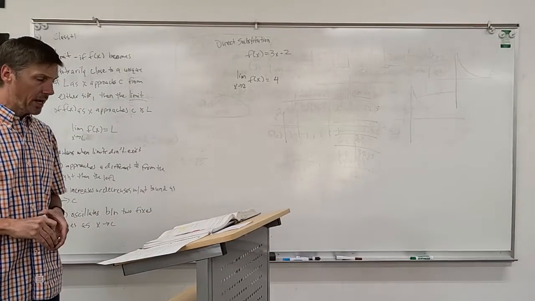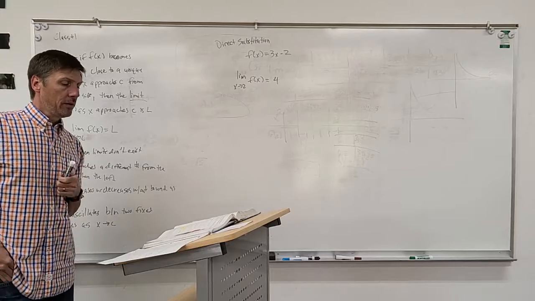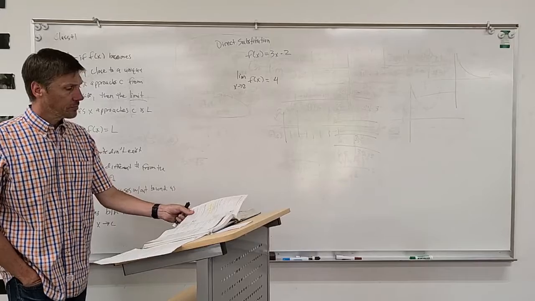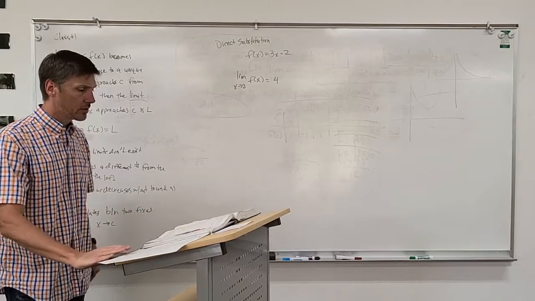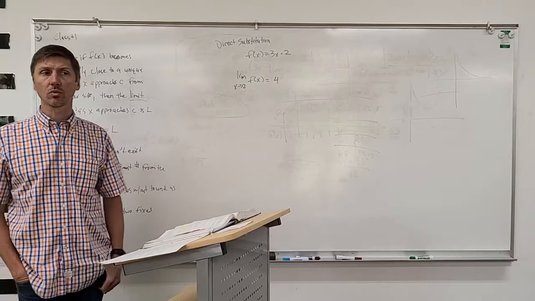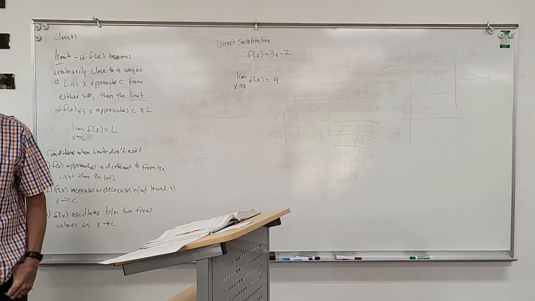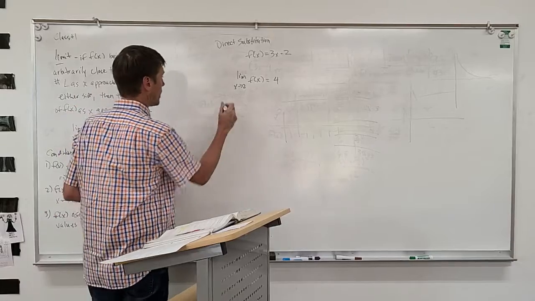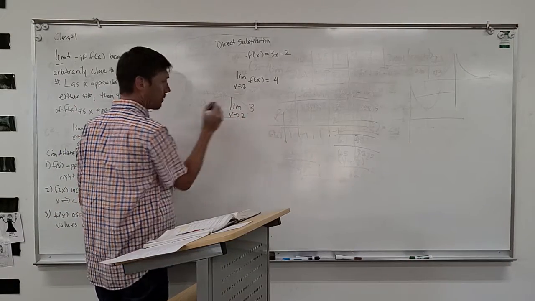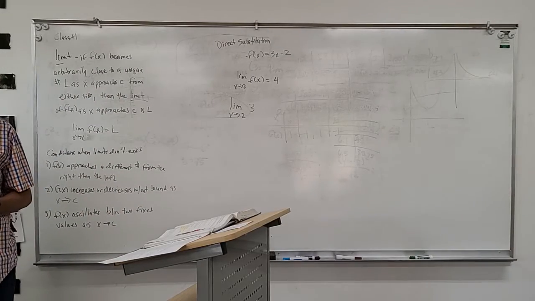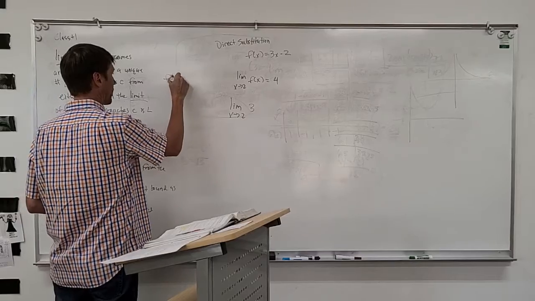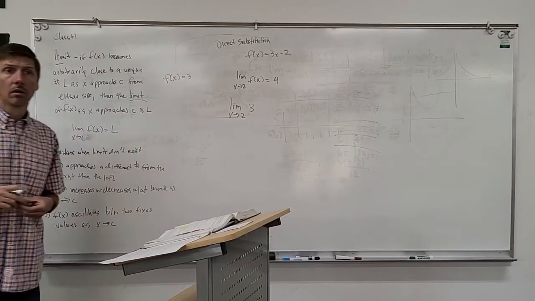I'm not going to write all these down, but they give a list of functions at the top of page 755. So the limit as x approaches c of b equals b. So that's like the limit as x approaches 2 of 3. If f of x equals 3, then what is that a graph of?